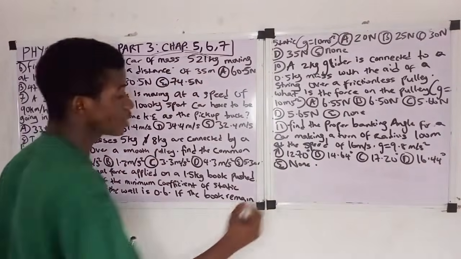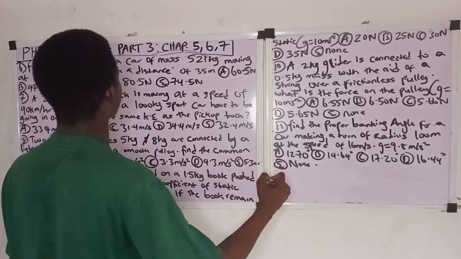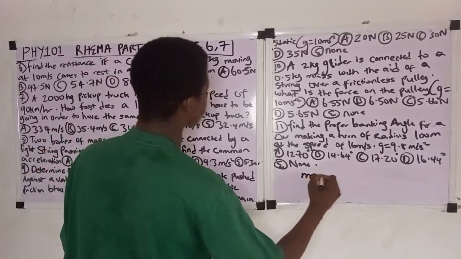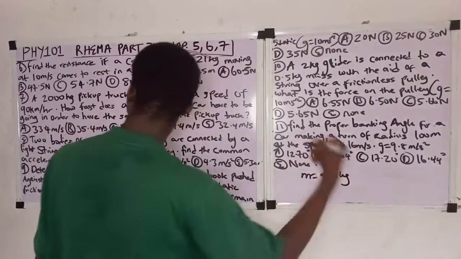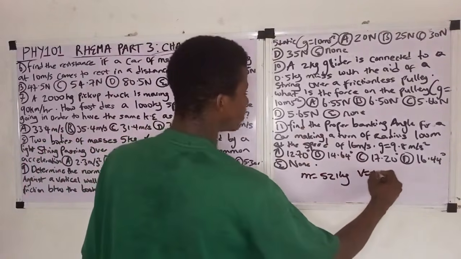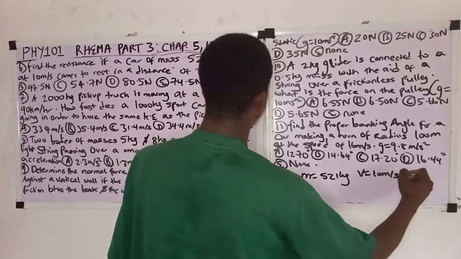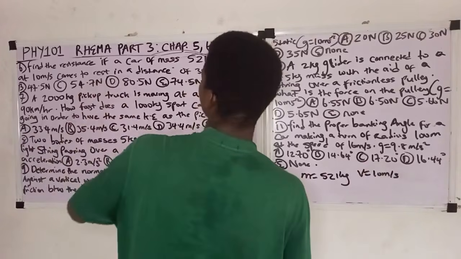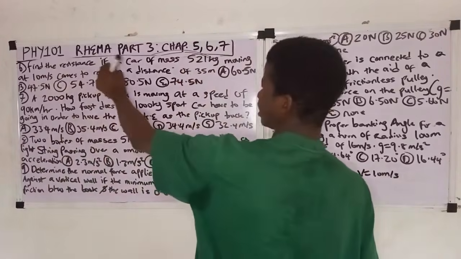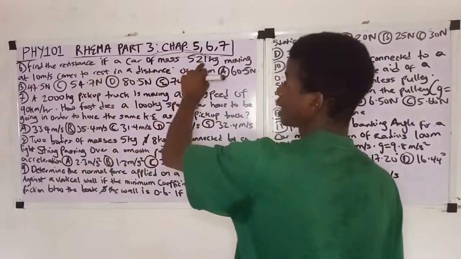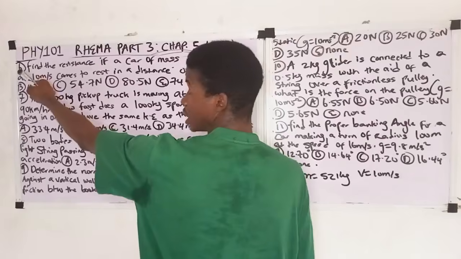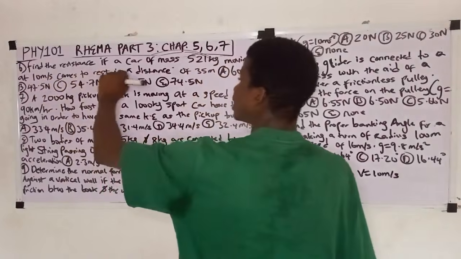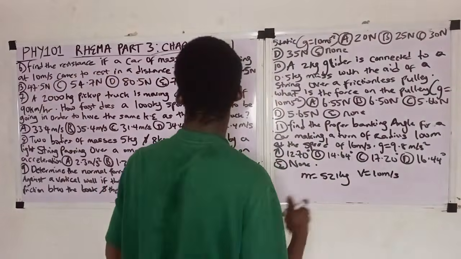So the mass of the car is 521 kg, right? Then the velocity of the car is 10 meters per second. Then they said find the resistance if a car of mass 521 kg moving at 10 meters per second, which is the velocity, comes to rest in a distance of 35 meters.